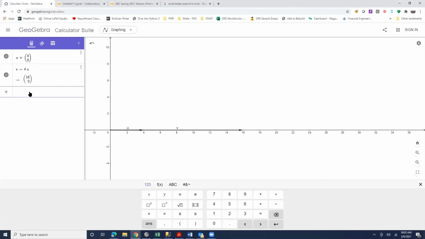We could also stretch it and add something to this vector. So now if you notice, this is our vector after it is stretched and then pushed a little bit.